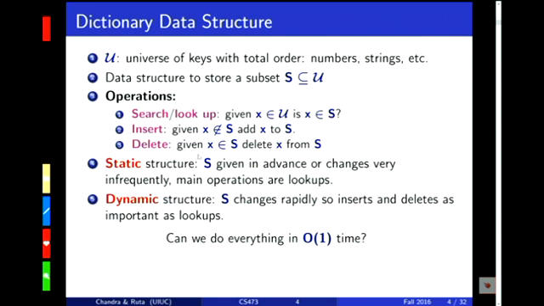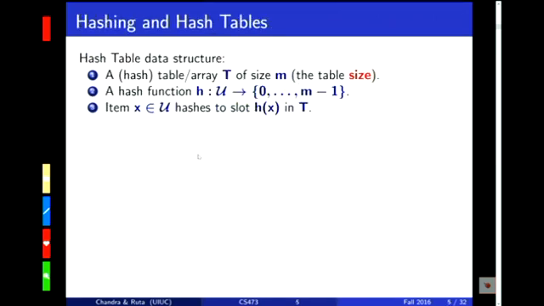We don't want to store data in any sorted order. We will use something called hash functions. So here you have a table T of, say, size m. Then there is some function h which maps every key in the universe to a number 0 to m minus 1.